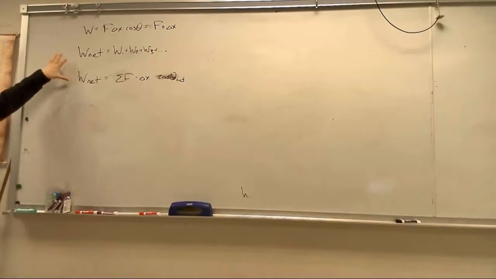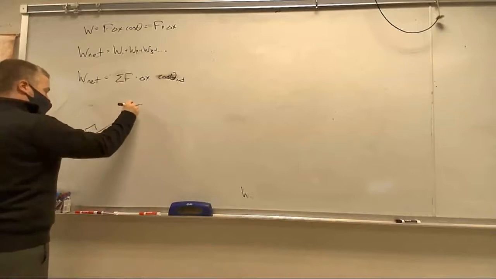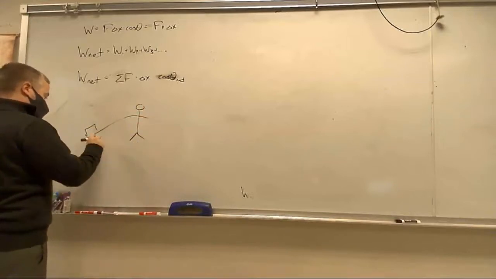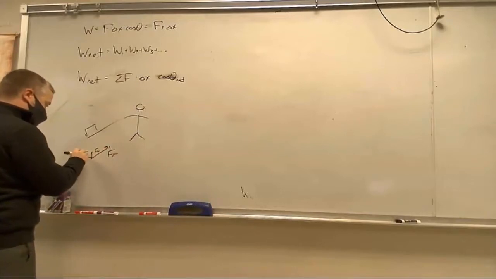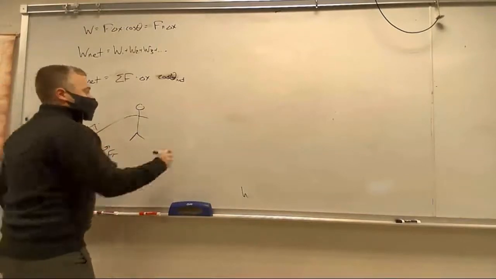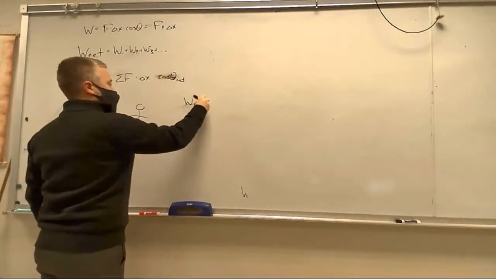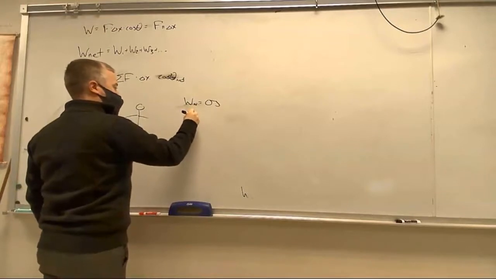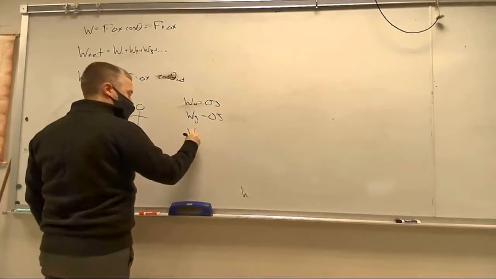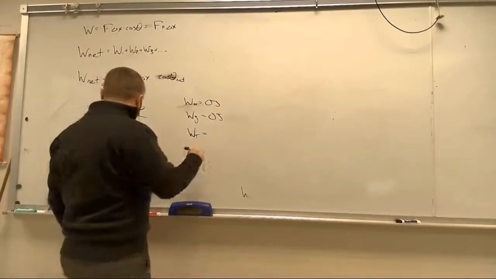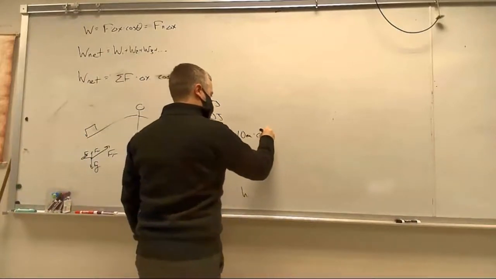To show that this is in fact the case, let me go ahead and bring up that last problem again real quick. If I was really smart, I wouldn't have erased it. Do that while you guys are writing that stuff down. So we know, of course, that work normal was equal to 0 joules, work of gravity equal to 0 joules, work of tension, remind me what that was. 120 newtons times 10 meters times the cosine of 30 was what?